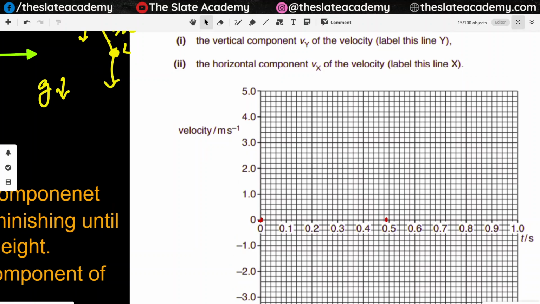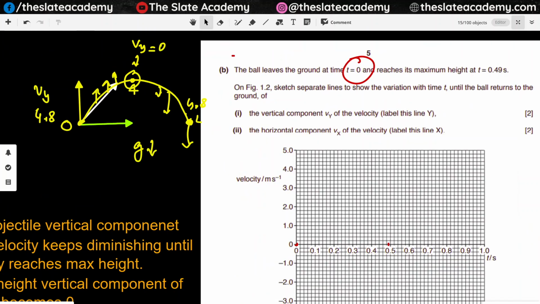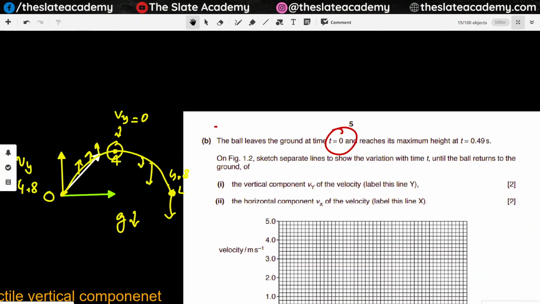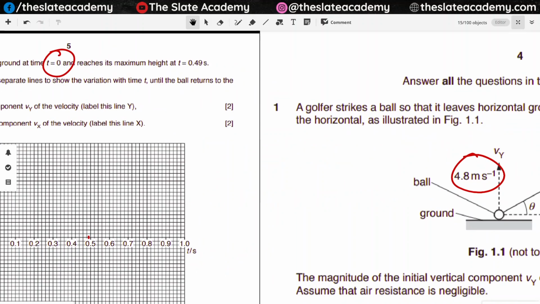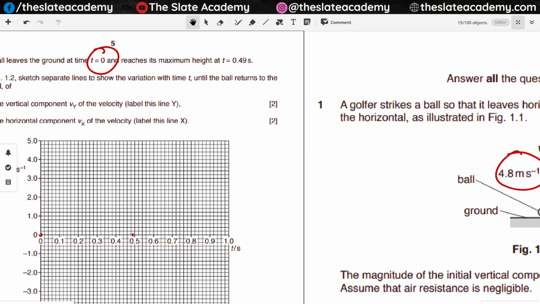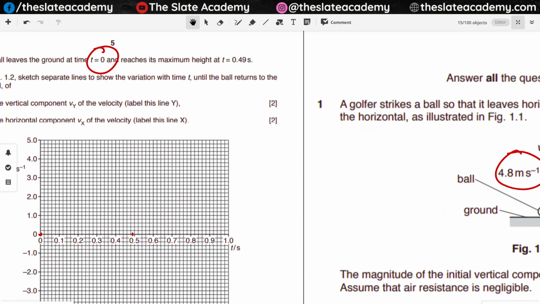Initially when I kicked the ball, I was shown that this ball had a vertical velocity of 4.8, so at 0 seconds the ball had a vertical velocity of 4.8. That would mean this point up here, just below 5, at time 0.